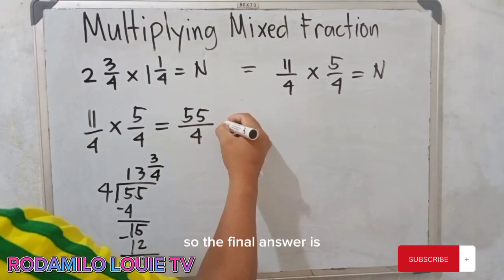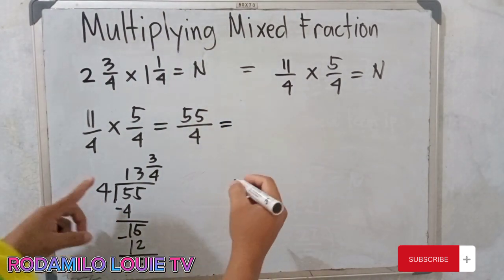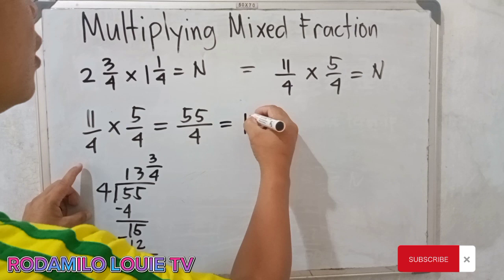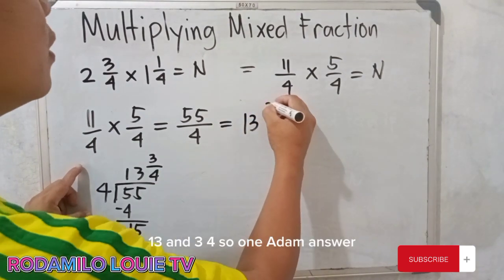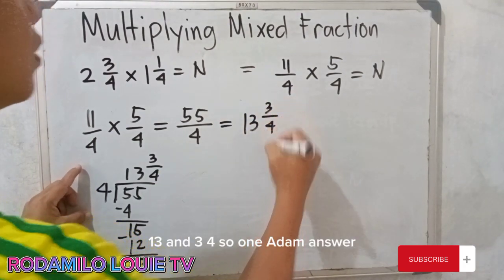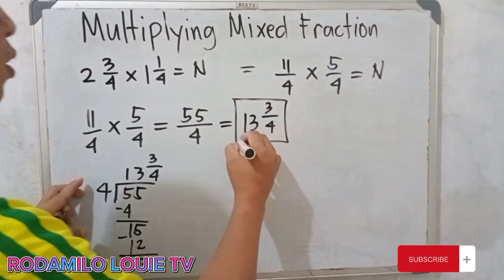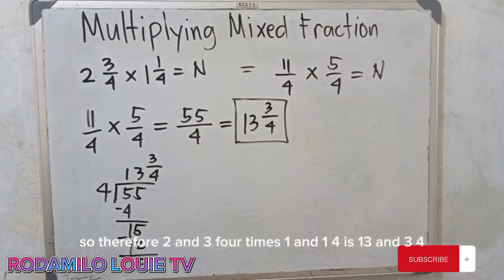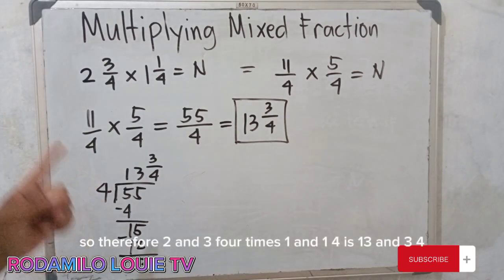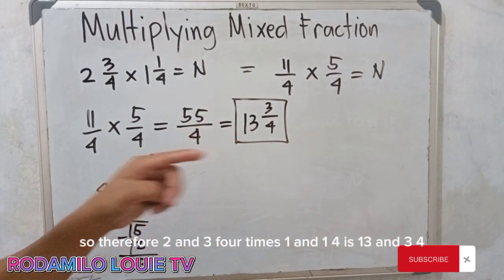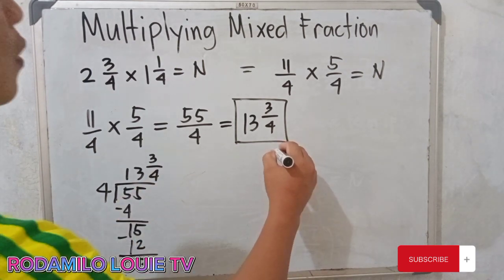So, ang atong final answer is 13 and 3/4. So, therefore, 2 and 3/4 times 1 and 1/4 is 13 and 3/4.